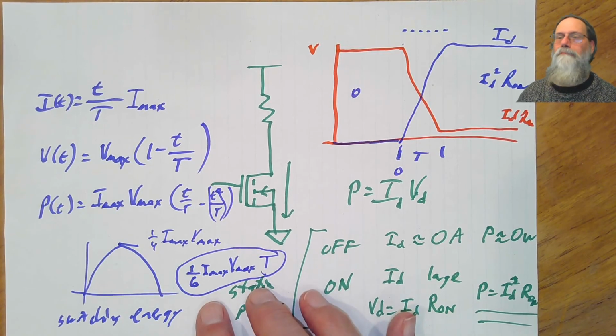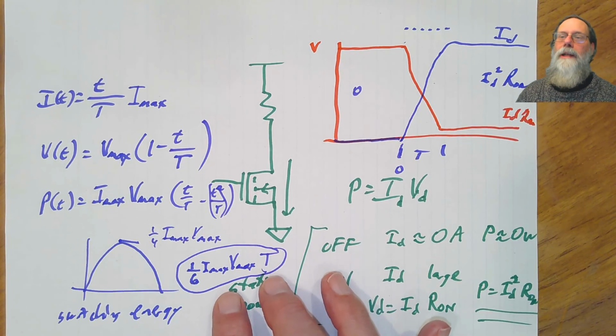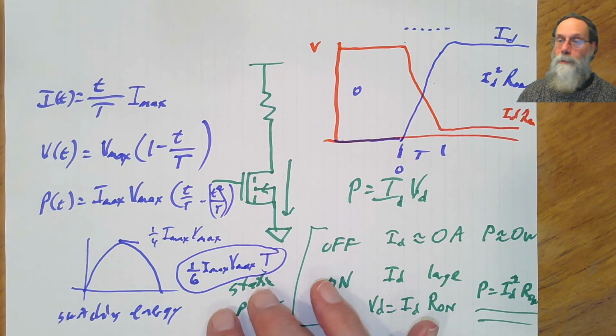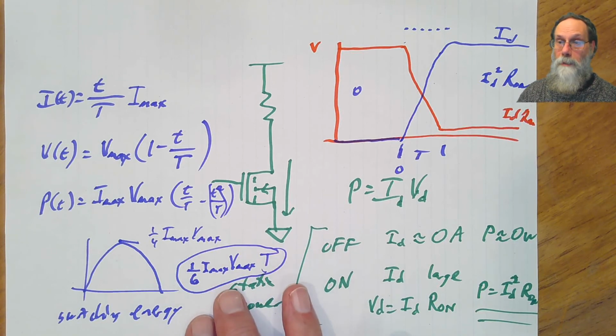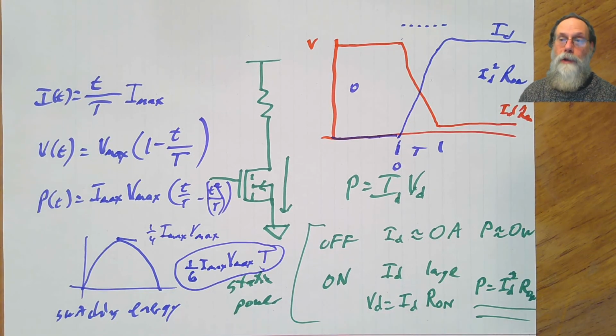Multiplying the switching energy for each transition times the number of transitions per second would give you the switching power. You have to add both the switching power and the static power together to get the total power that's dissipated by the transistor. And I think that's pretty much all you need to know in order to be able to calculate the power that's dissipated in a field effect transistor.